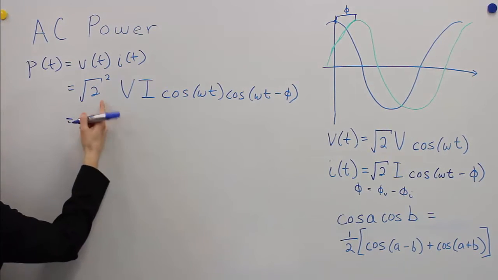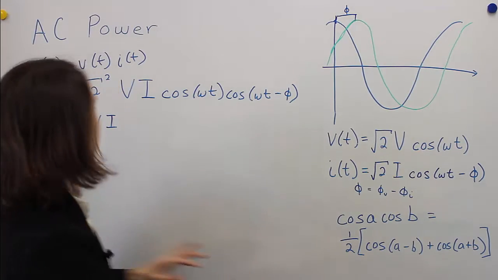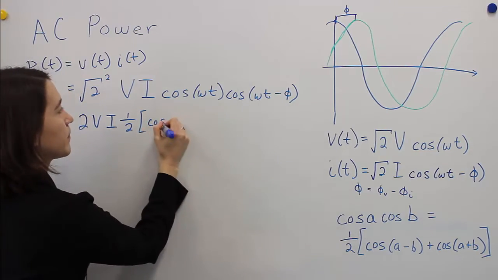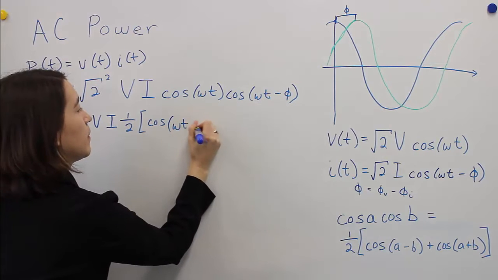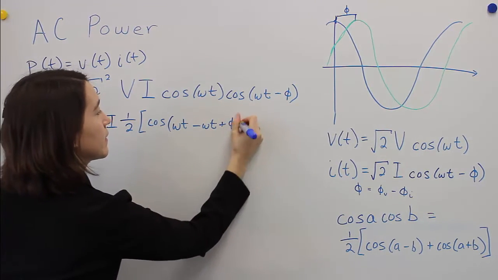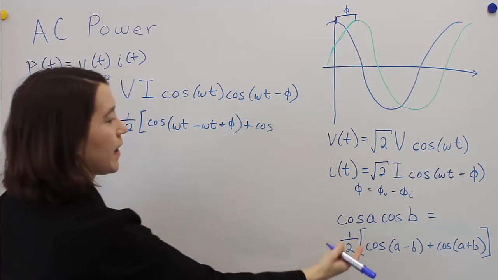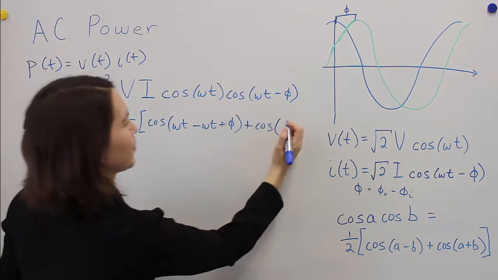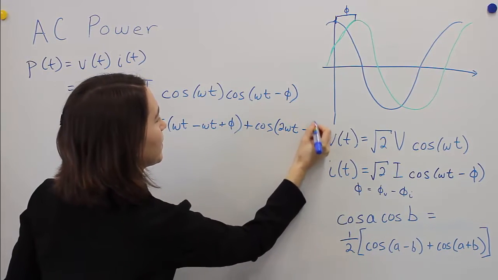So first we'll just make this 2 VI, and now we're going to break this apart. We're going to get 1/2 here, and we're going to do the cosine. We need to subtract these 2 values, so we get omega t minus omega t, and I'm going to carry the negative, plus phi. Then we're going to add cosine, adding these 2 values together. I'm going to do some pre-adding, so we get 2 omega t minus phi.